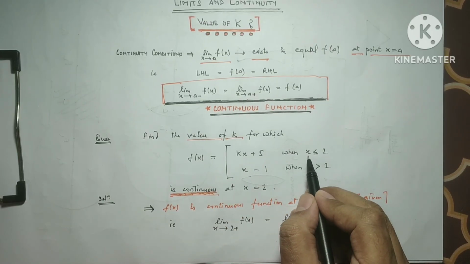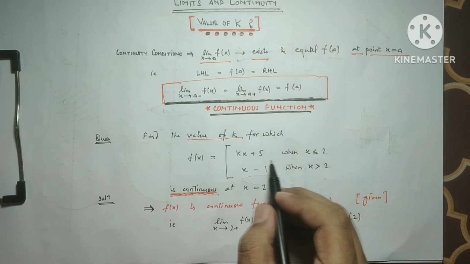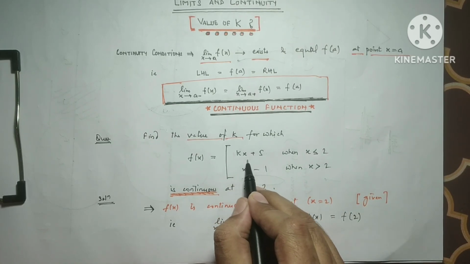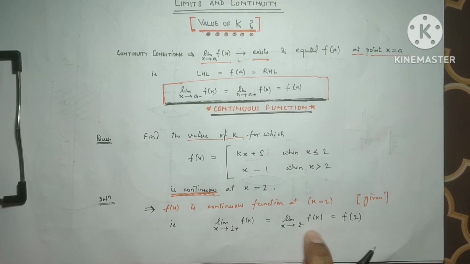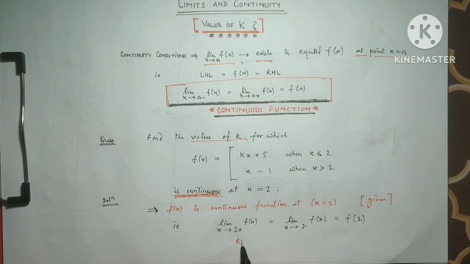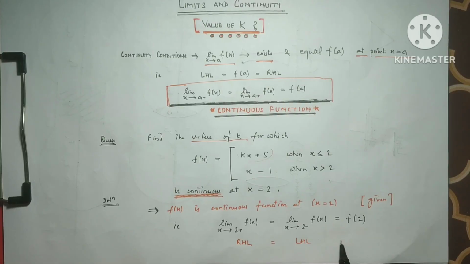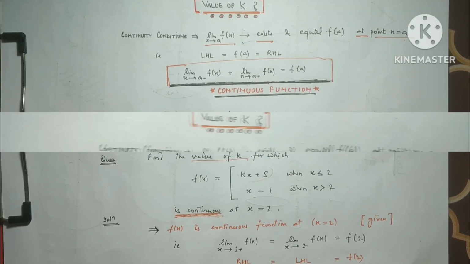If x equals 2 or x is less than 2, then we use the definition kx plus 5. Since it is continuous, all three values are equal: right hand limit, left hand limit, and value at the point.